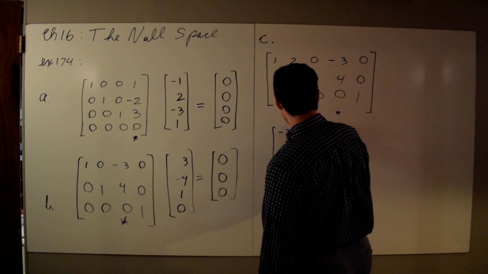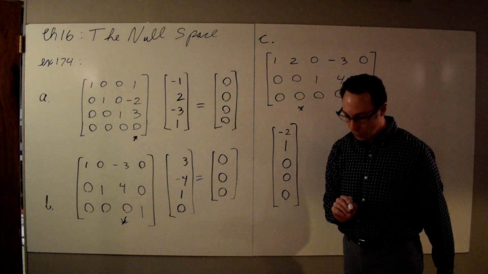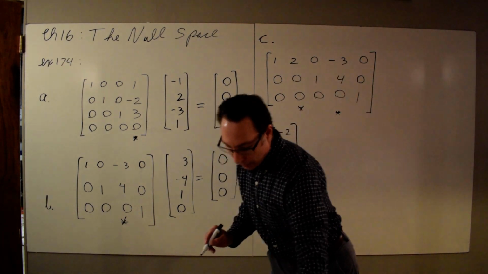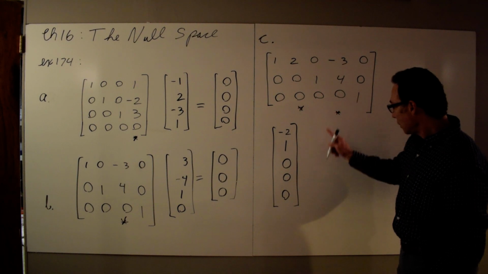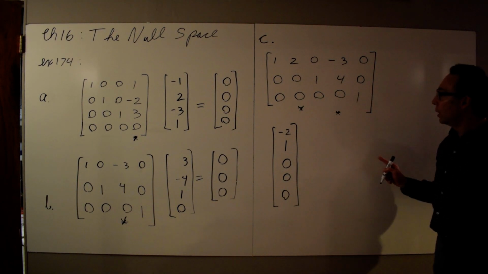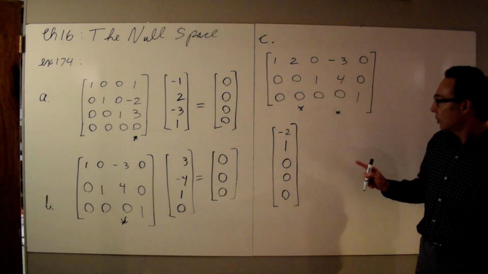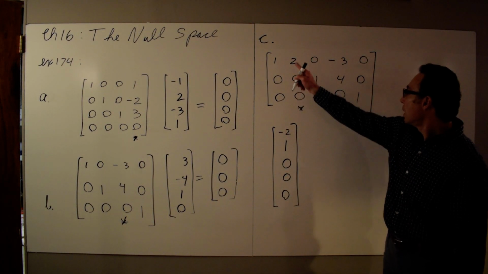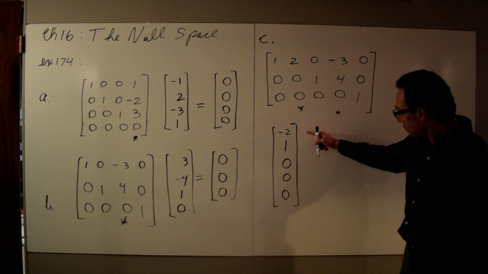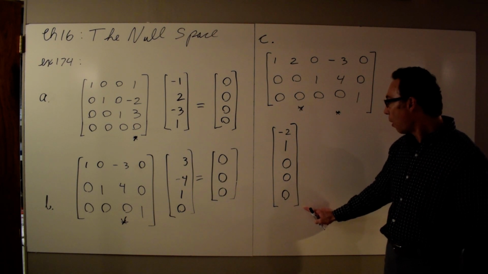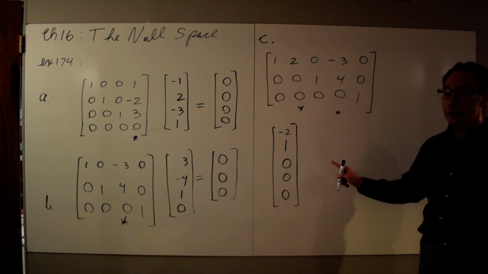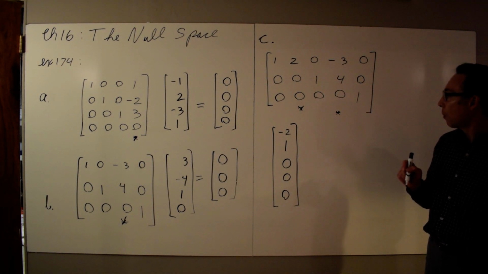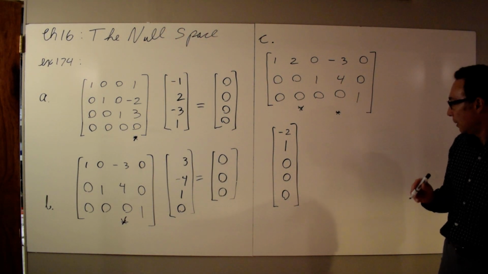So we make this a -2. And if you multiply this matrix times this vector, you're going to get the 0 vector. It's going to be the 0 vector in R3 because we have 3 rows and 1 column. So our matrix, when we multiply this, will be a 3 by 1. So the 0 vector will be in R3.